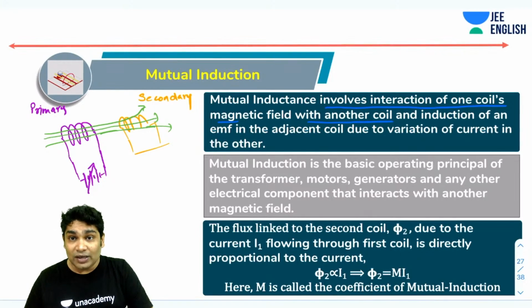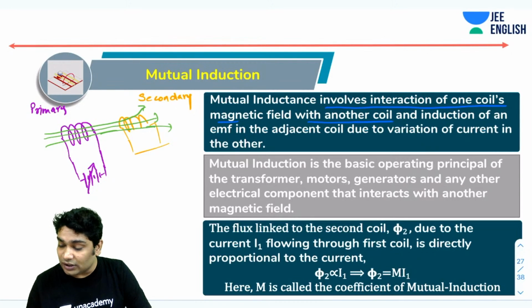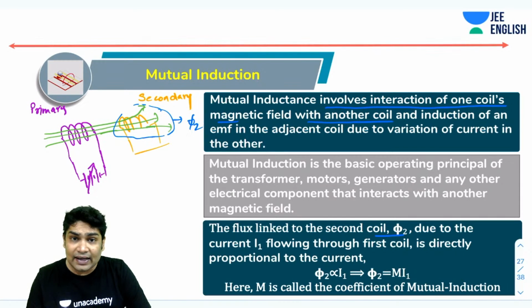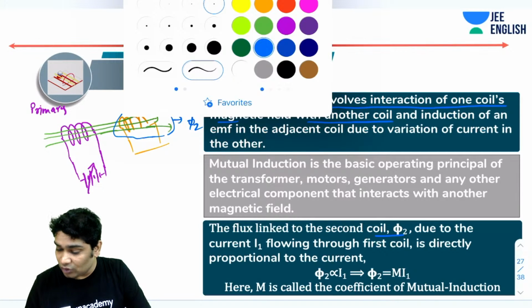Now let's assume that the flux linked to the second coil is phi 2. So I'm assuming that whatever the flux linkage is happening here, this is phi 2. Now, can I say that this phi 2 would be directly proportional to the current of coil number 1?